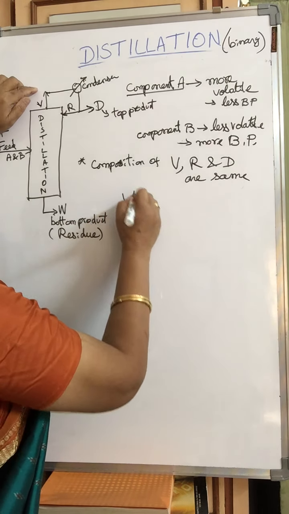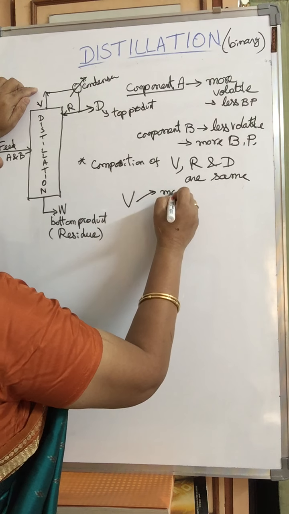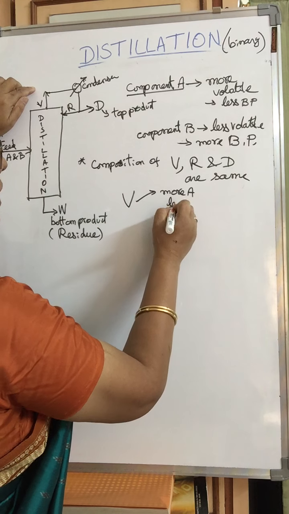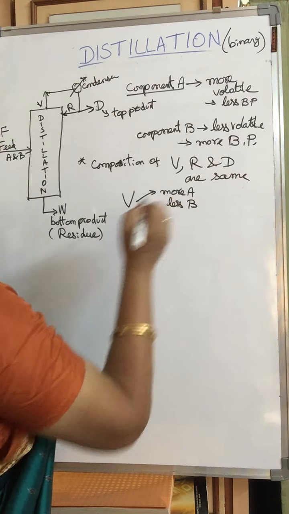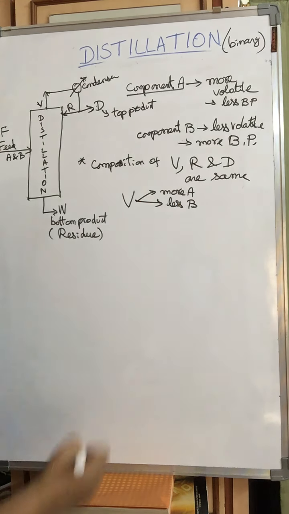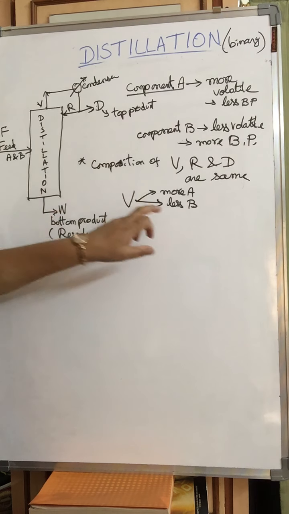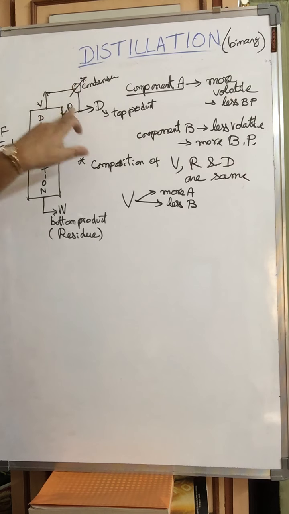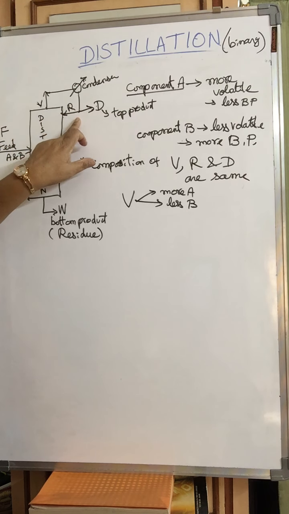This vapor contains more A and less B. Vapor contains more A and less B.